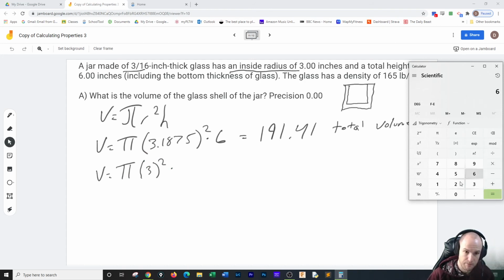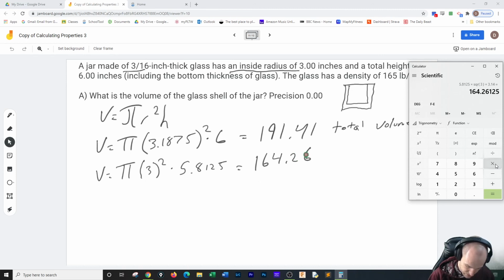So 6 minus 0.1875 equals 5.8125. So that times 3 squared times 3.14 is going to get us 164.26, and that is the volume of the void.